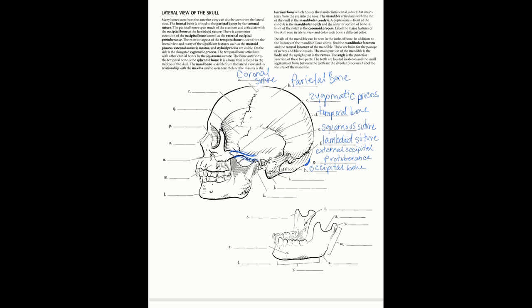This is an important landmark because you're going to have muscle attachment here that as the muscle contracts, it will pull the head back so that you can look upward, and when it relaxes, you can return your head back to neutral.